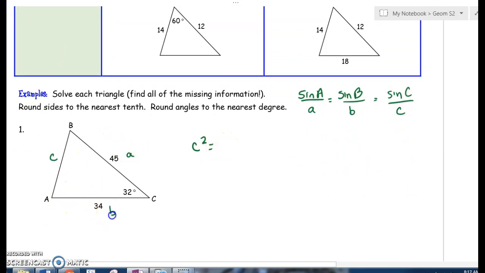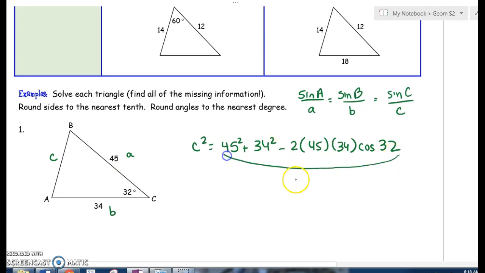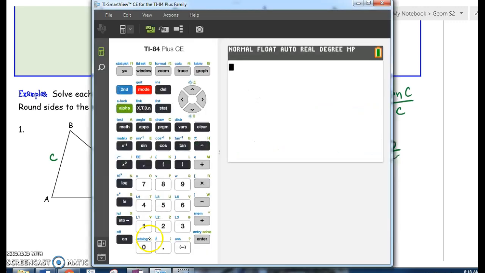We've got a here, we've got b here. a squared, 45 squared, plus b squared, 34 squared, minus 2 times a, 45, times b, 34, times the cosine of angle C, which is 32 degrees. So this is going to be our setup. Now this long crazy thing here on the right, we can type that in all at once on our calculator. So I'm going to do that.